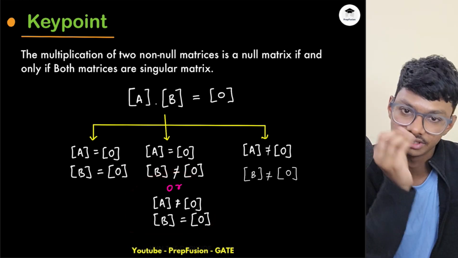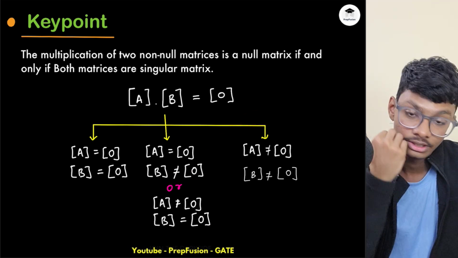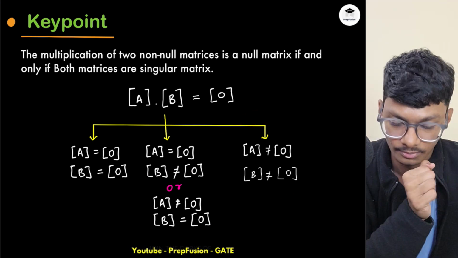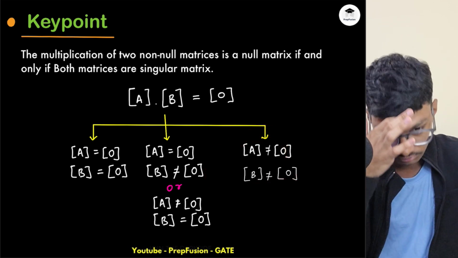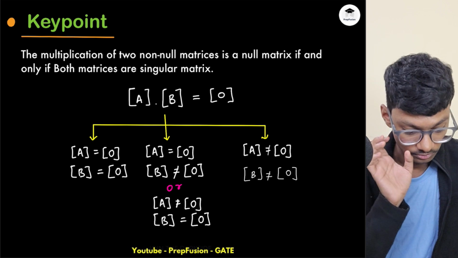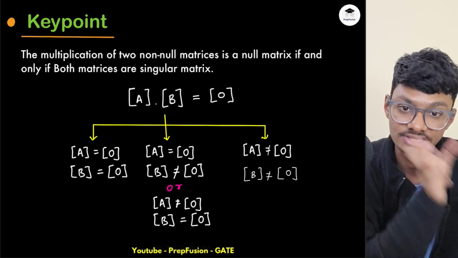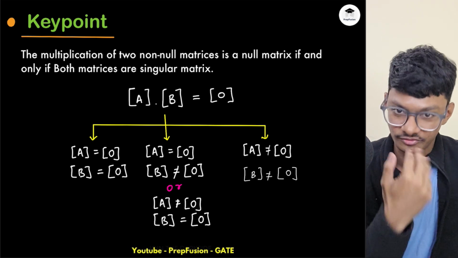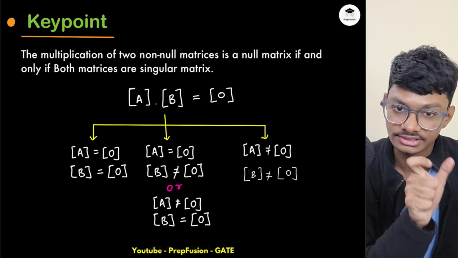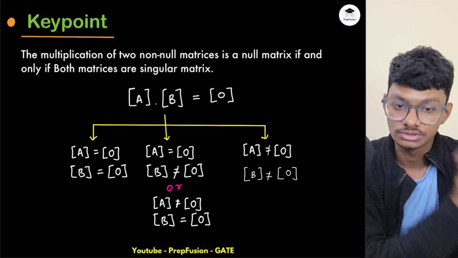Then in the third case, both A and B have to be singular matrices. Basically the inverse should not exist, and their determinant should be equal to 0.